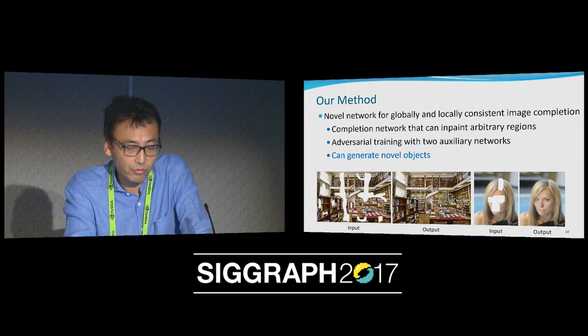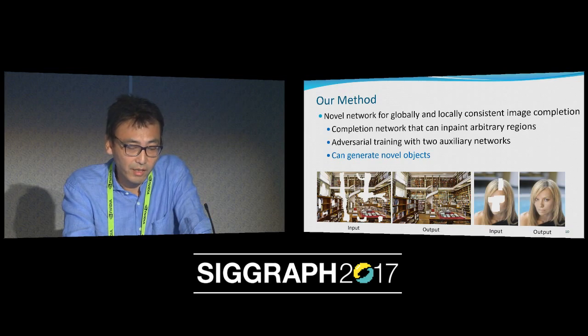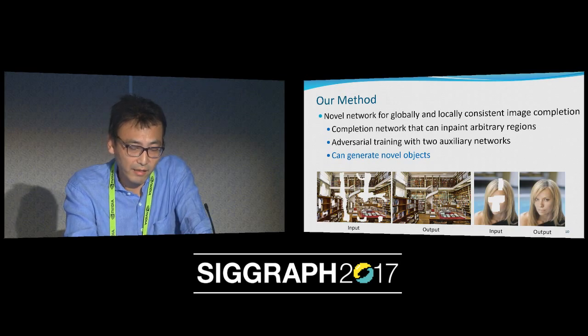We use two auxiliary networks to train the completion network to be globally and locally consistent. Our method can generate novel objects, unlike those patch-based methods, that do not appear elsewhere in the image.